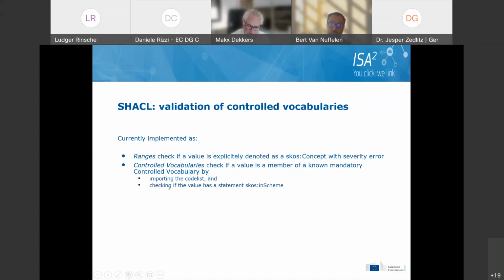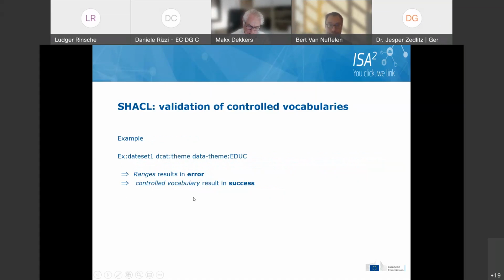And the outcome might be surprising, in the sense that if you have a dataset with only this triple in it, example dataset 1, dcat:theme, data theme EDUC, one of the Publications Office's, then you just get an error if you use the validation of ranges. Why? Because nowhere is it stated that this is a concept. You don't have an additional triple that says data theme EDUC is a concept.